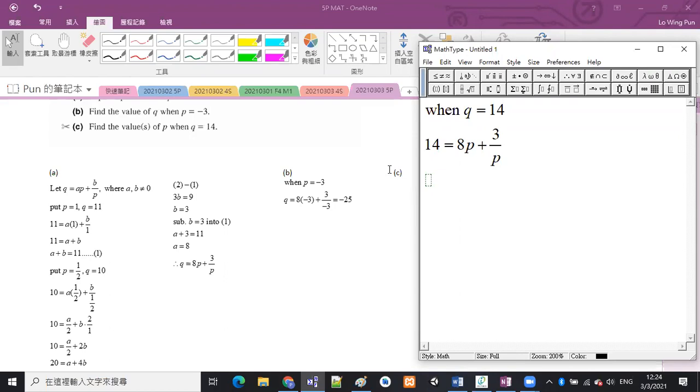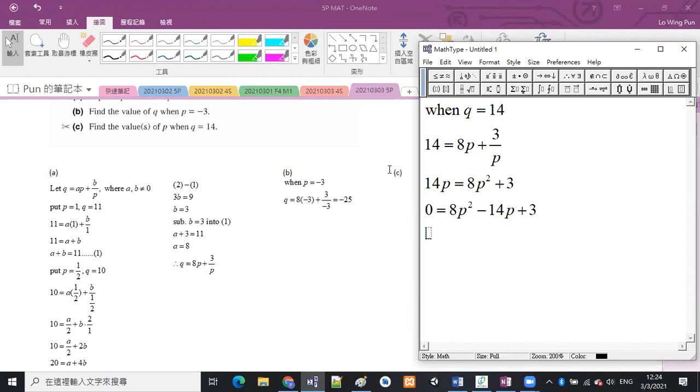So we need to multiply P to all the terms in the equation. 14 times P is 14P. 8P times P is 8P squared, plus 3 over P times P. The P and P will be cancelled, so it is just 3. And can you see that? It is again a simple quadratic equation when you move the 14P to the right-hand side. So 8P squared minus 14P plus 3.